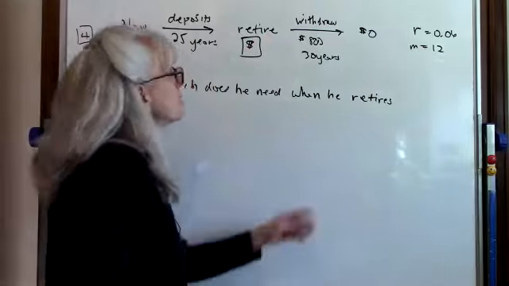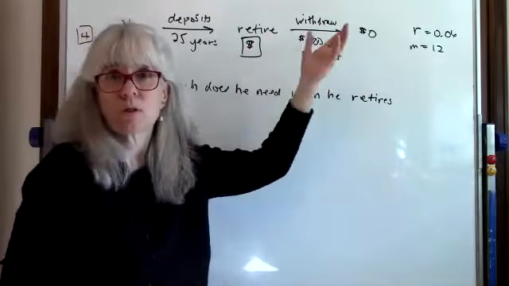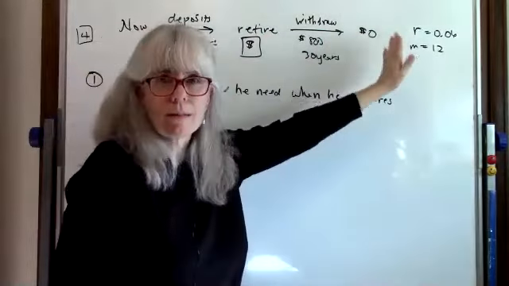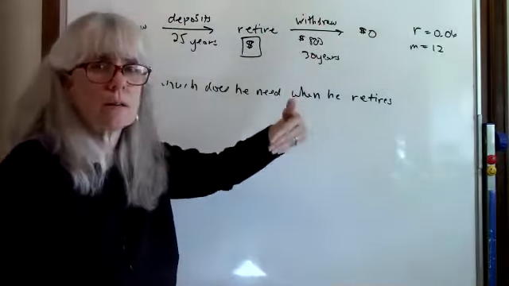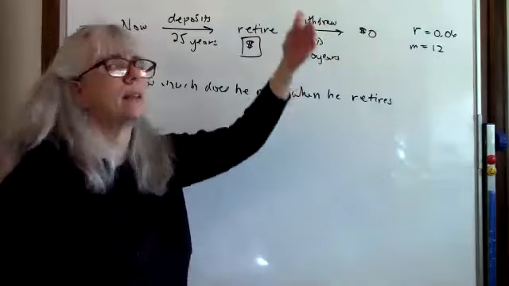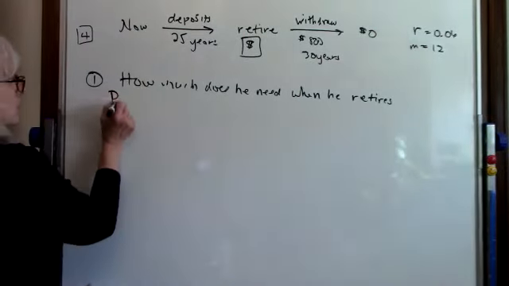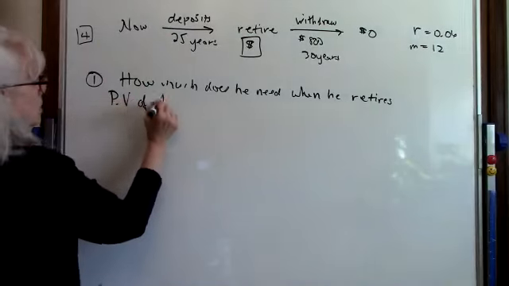Okay, well, we do know that it's periodic payments, and we know those are $800. We know he's going to end with zero at the end, so we need the money up front. So we have the payment amount. We need the money now. That's a present value. So our very first step is the present value of an annuity.